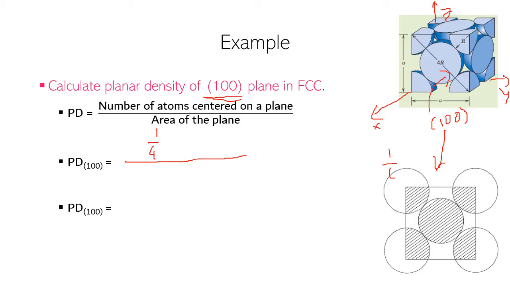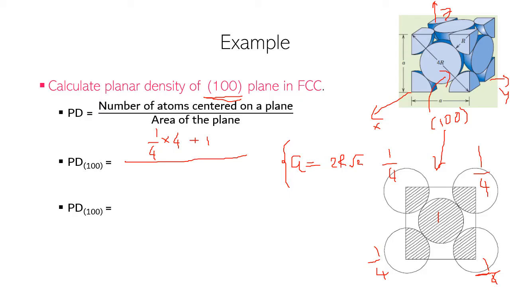So 1/4 of each corner item, which is shaded here, and this complete face centered item is inside the plane, so 1 plus 1, which is 2. And area of the plane is a squared, and we know that a is 2r root 2 for FCC, where capital R is the atomic radius.